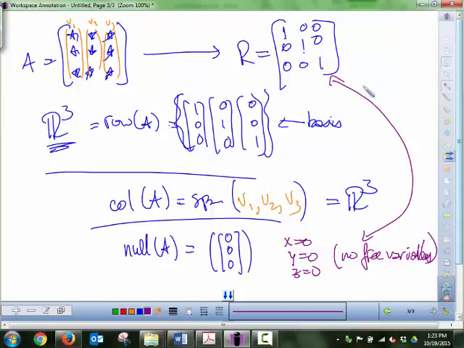So, does this make sense? How many dimensions is this? 0. This is a 0-dimensional vector space.